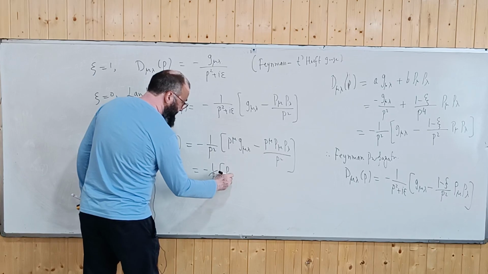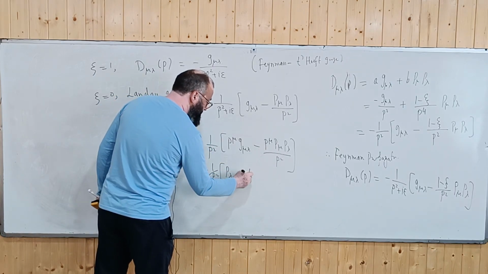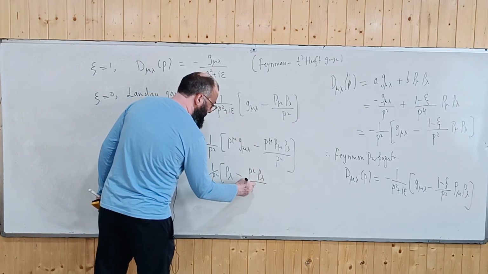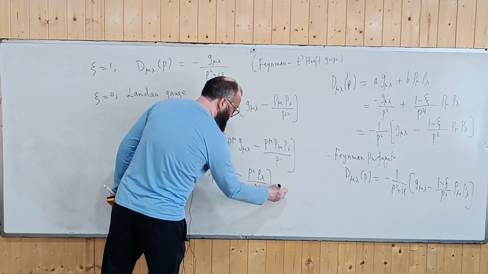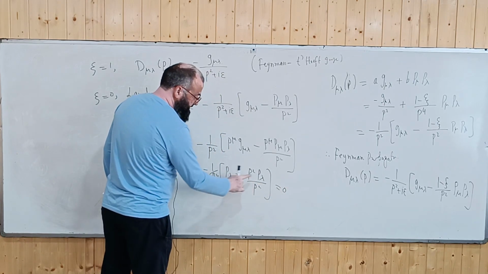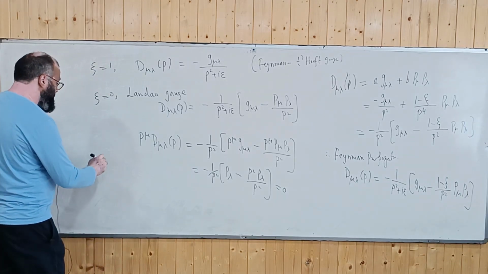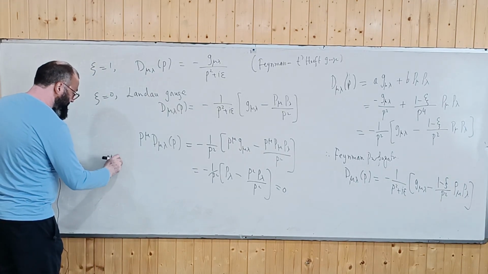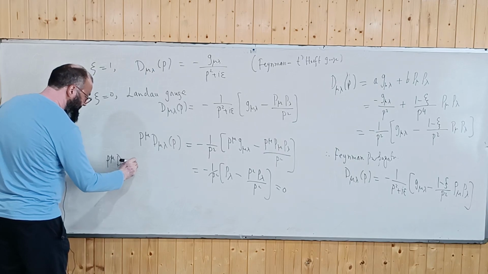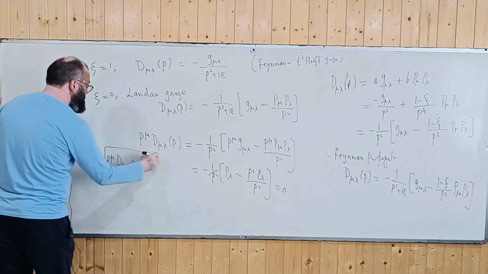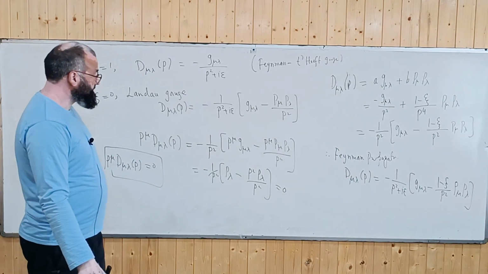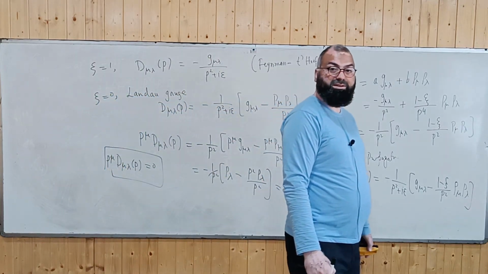So this will be simply p lambda minus p square times p lambda by p square. This is equal to 0 because p square cancels. So this is a very important condition: p mu times the propagator equals 0.